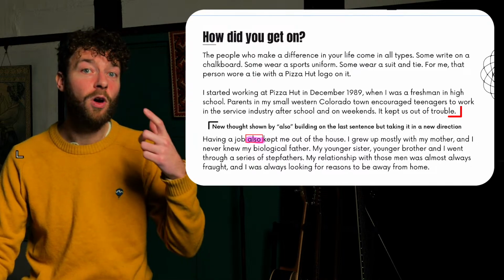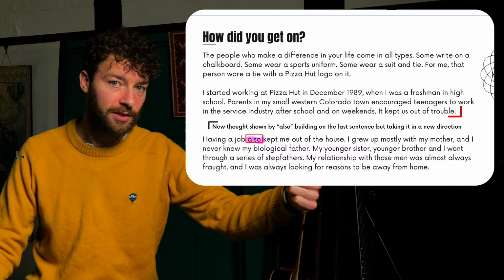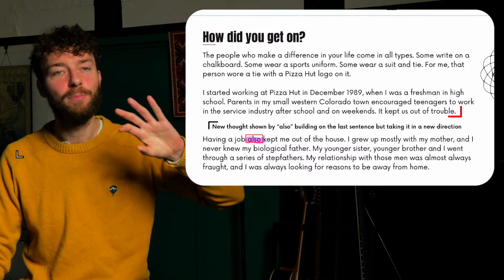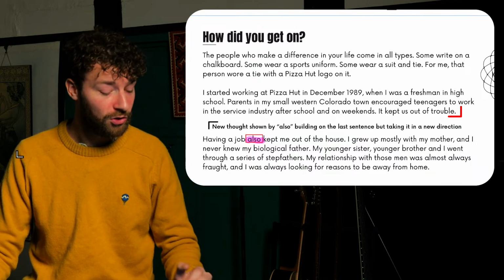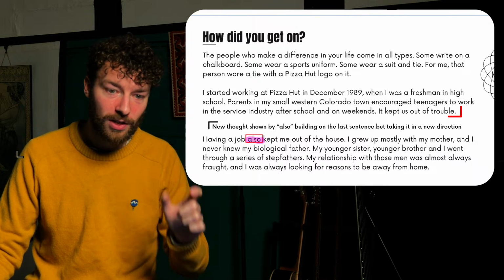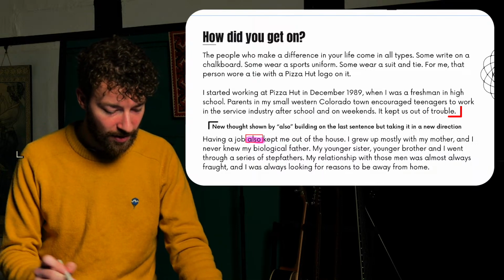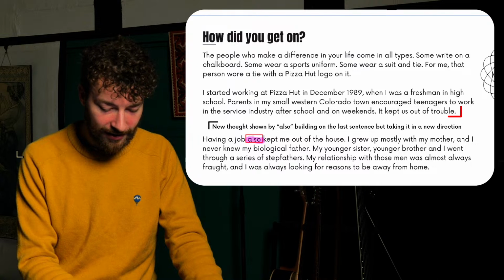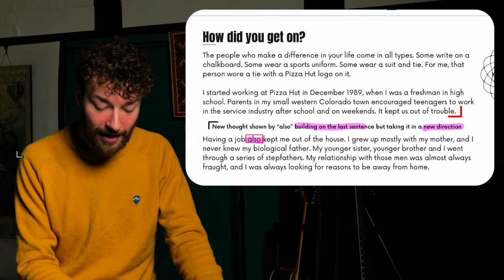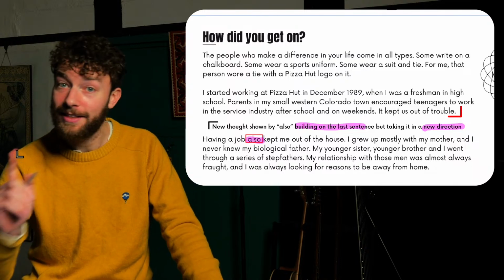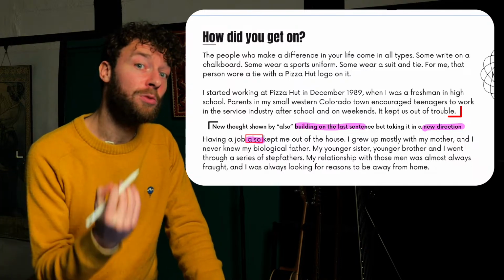"Also" is a good word because it's building on the last point, but it might also be that we're building on it with a new thought. So that word is a really helpful one. It's building on the last sentence, but taking it in a new direction, and it's that new direction that means it's a new paragraph.